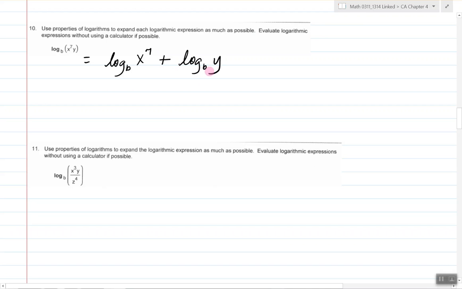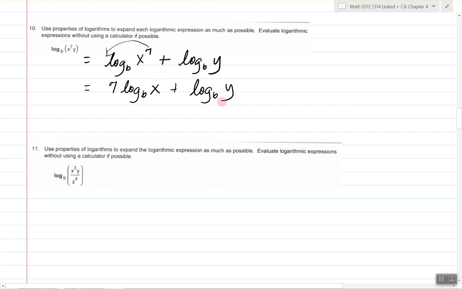Now, power rule. This will be 7 log base b of x plus log base b of y.